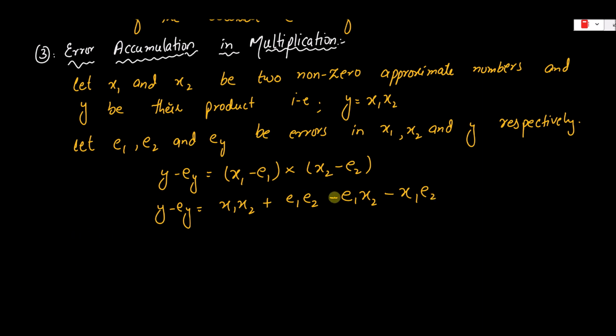We are going to ignore e1 e2 because these are small quantities, and when they are multiplied with each other they become even smaller.